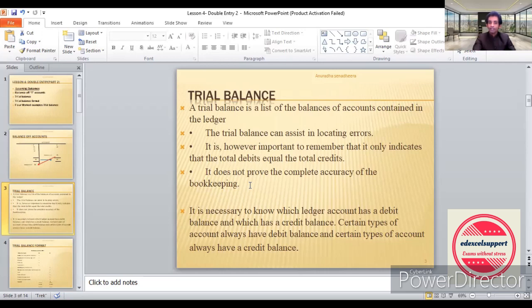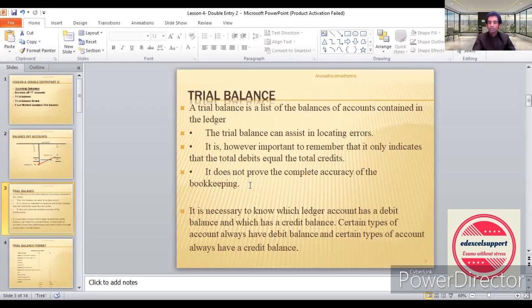It is necessary to know which ledger account has a debit balance and which has a credit balance. Certain types of accounts always have a debit balance and certain types always have a credit balance. I have taught you that mainly there are 5 accounts: assets, expenses, liabilities, income, and capital.